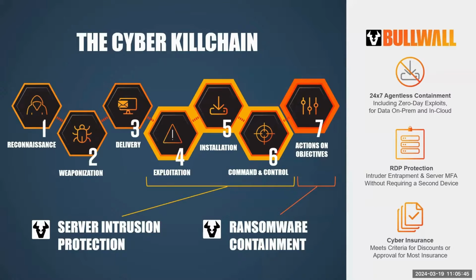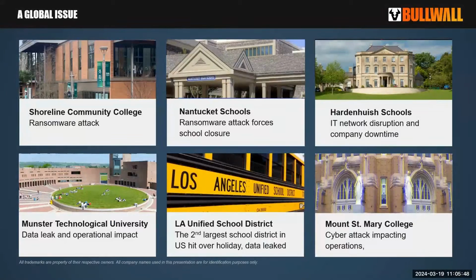Before we go into the technology, I want to talk about the issue that we're seeing globally, whether it's across large organizations or commercial businesses like MGM Grand, who got hit recently, with well in excess of $100 million in downtime and the impact that that caused. But specifically, education is a very high area of focus for cyber criminals.